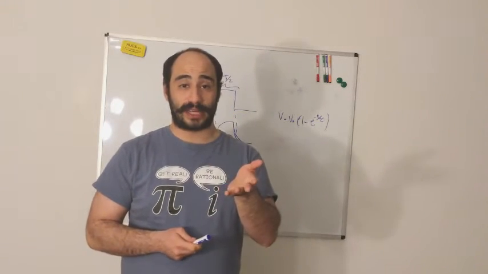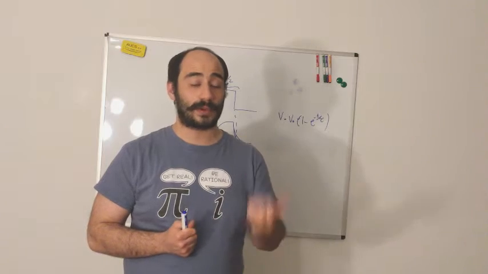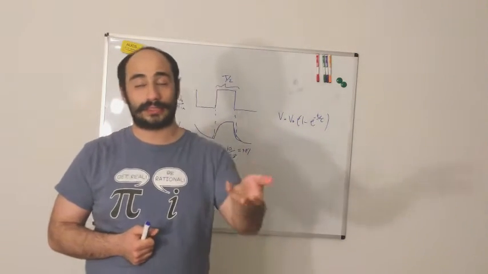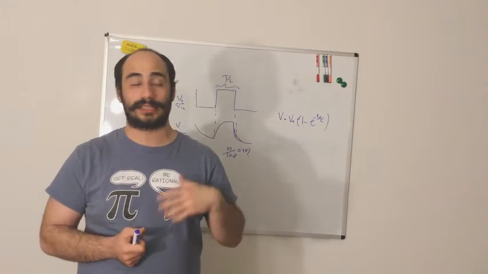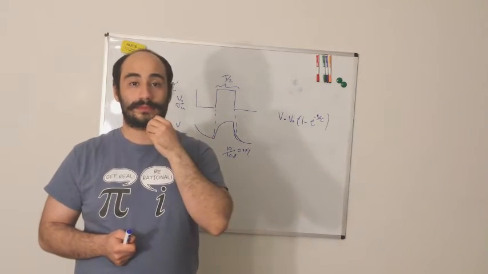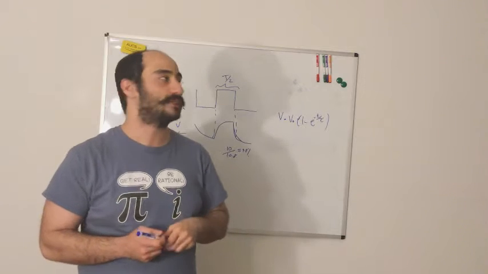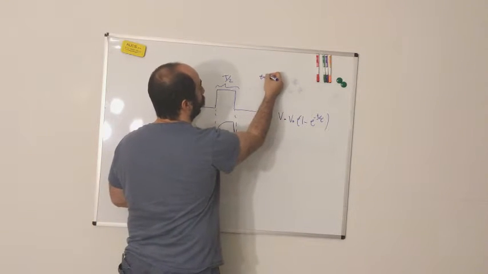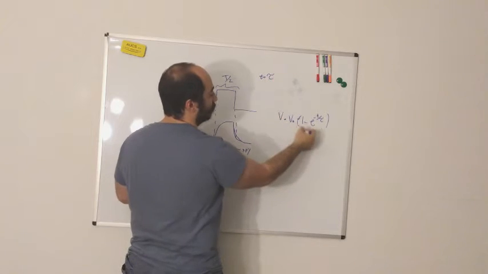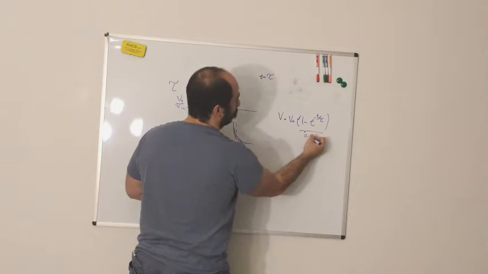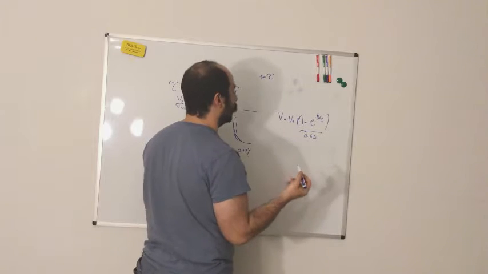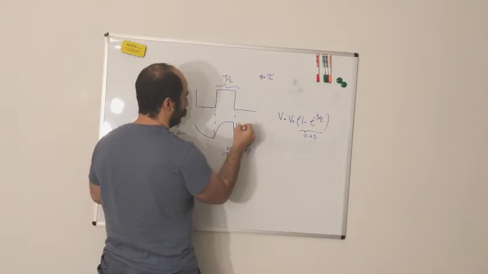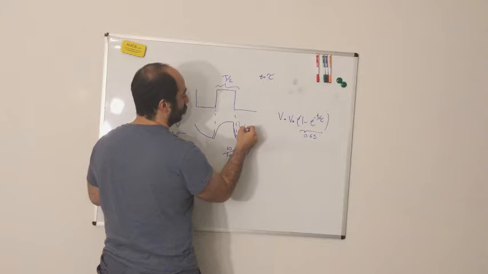I'm going to start with the prelab. The last part of the prelab is asking you to find tau. And as I mentioned in the class, one common way of solving it is to consider t equals tau and find that this term becomes 63%, and then find out what would be the 63% of V naught here.